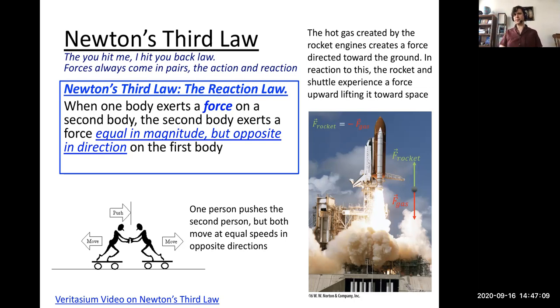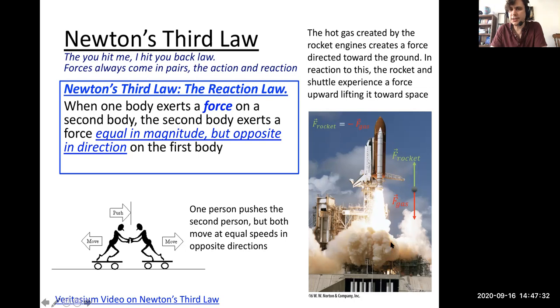This is also the law of the basics of rocket science. How do rockets actually lift off? So here we have an old rocket with a space shuttle strapped to it. Whenever it lights its engines, there's a force from the gas being expelled this direction. So we have this downward force.